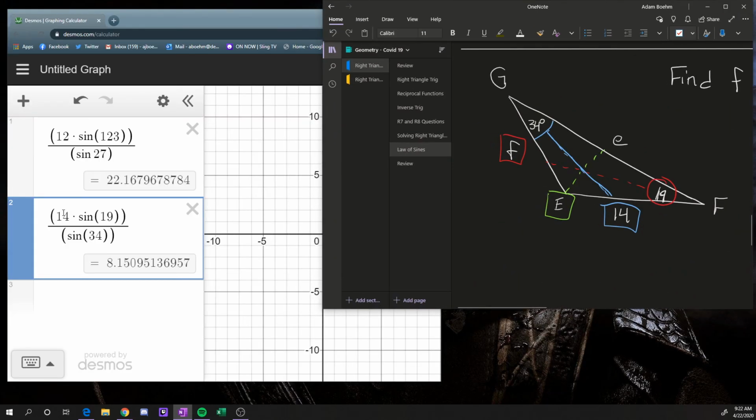So you would do parentheses, 14 times sine of 19, close parentheses, divided by open parentheses, sine of 34, close parentheses. I typed it in exactly as I would into a calculator. And again, the more comfortable you are with the TI-84, the better.